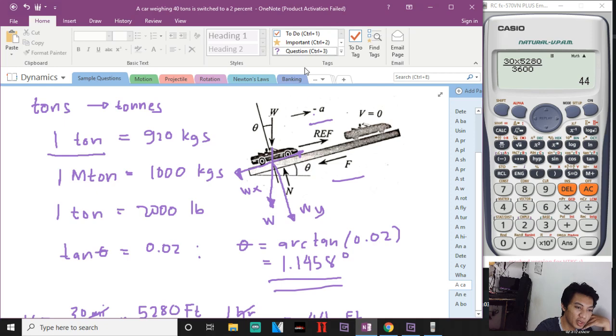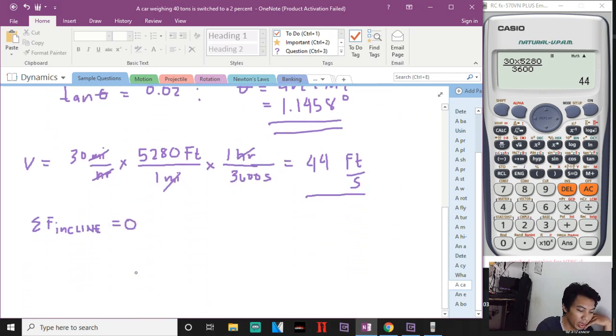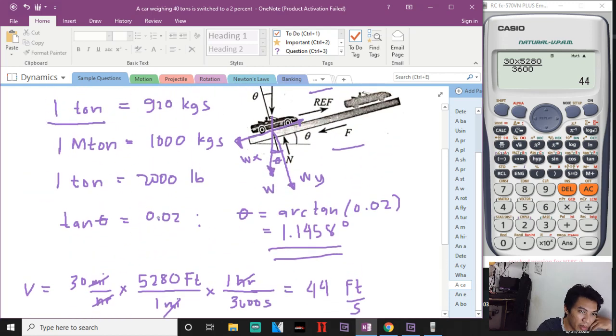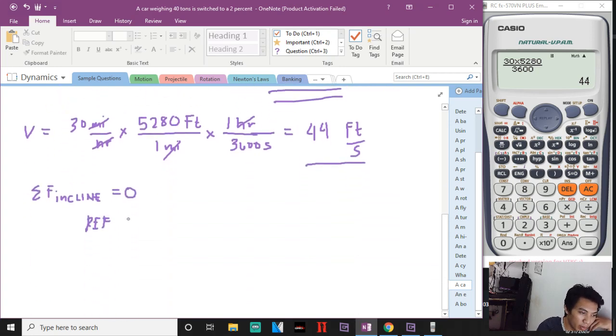Now, how will we solve this? You have theta here, and this given is also theta. So for the incline, you have a summation of forces. Let's take the horizontal, the sum of forces along the incline. What are the counteracting forces? This is WX, negative, together with F. F and WX equal F plus W. Sine or cosine?